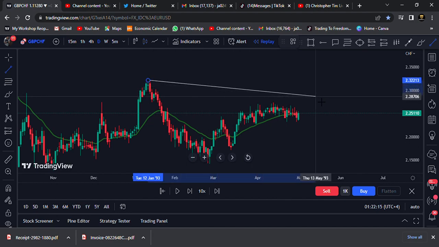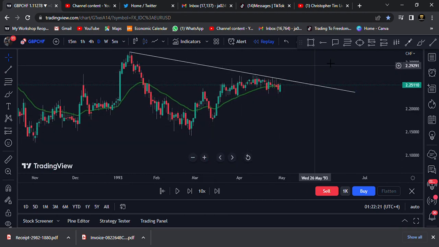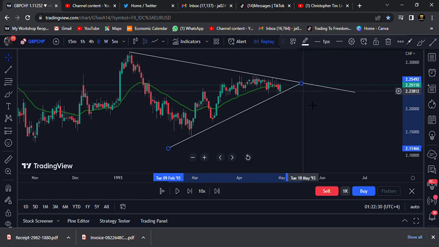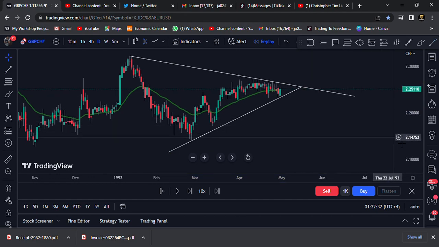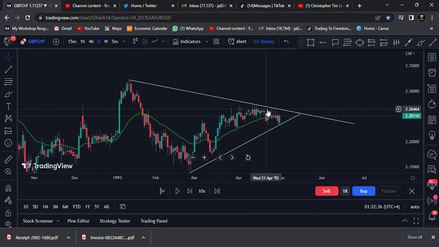You call it trend lines, me I call them guidelines, because they guide me on my trading decisions. They are very important. So this is it, guys. At least we know what's gonna happen if the market breaks here or breaks here.